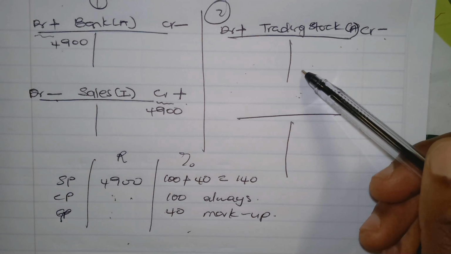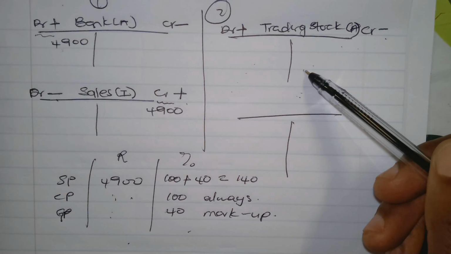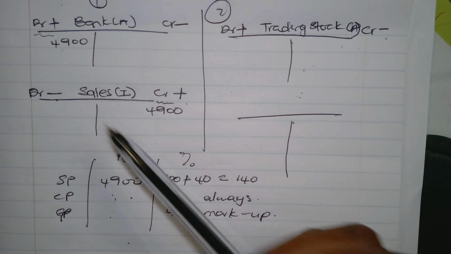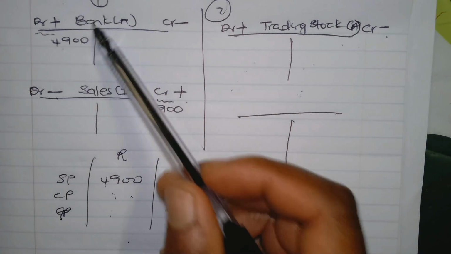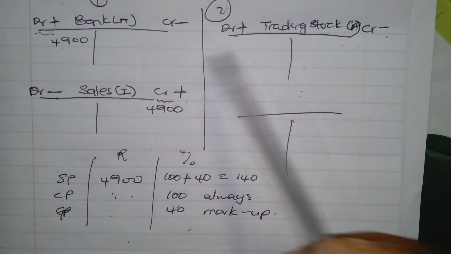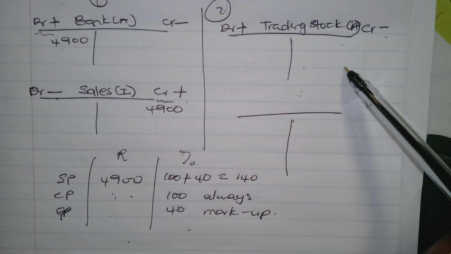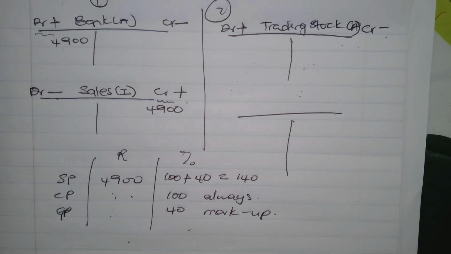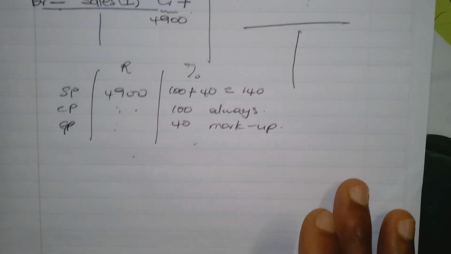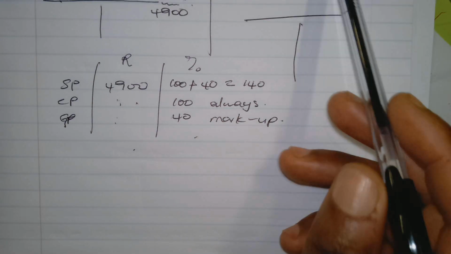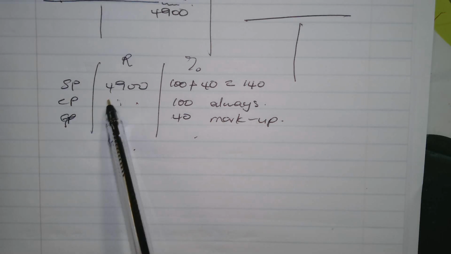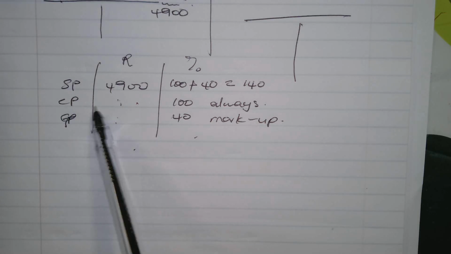So in this case, we do not have the element of knowing what was benefited from this amount. The only side where we know what we benefited is when we are looking at bank and when we are looking at sales. Here we just need to record it at its 100%. So in order for us to find the original price that we sold it for, we need to find out what is the cost price.